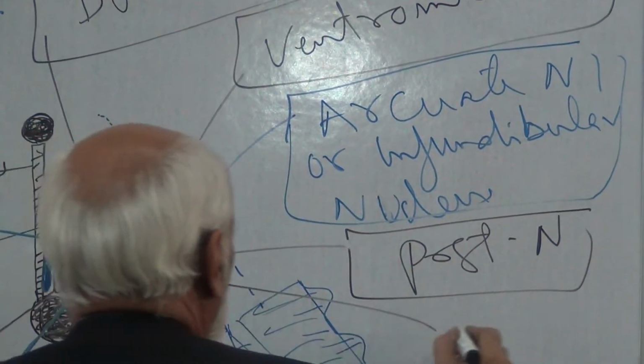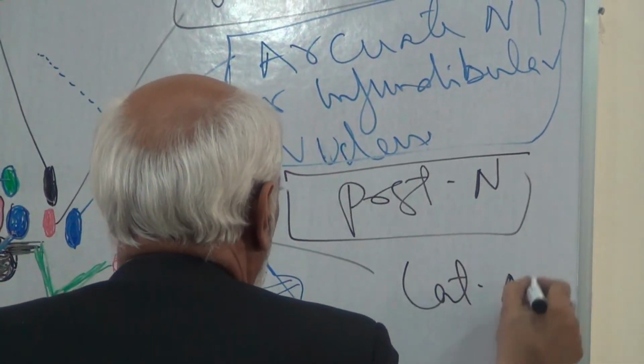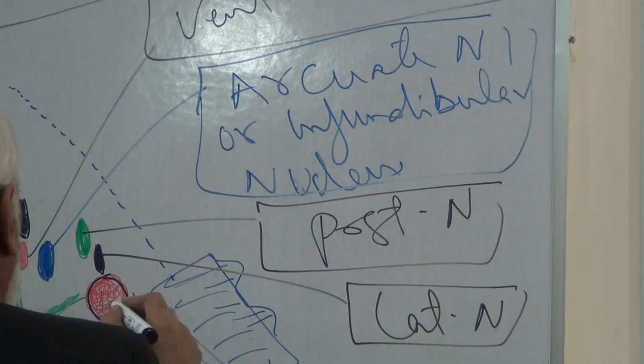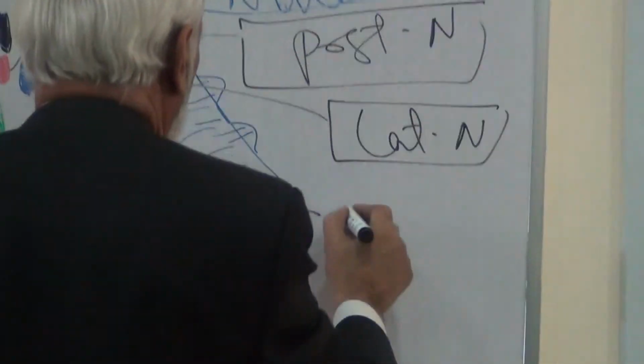Posterior nucleus and lateral nucleus. Then nuclei of the mammillary body.